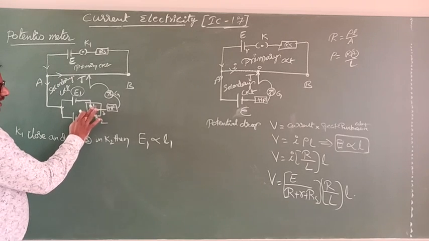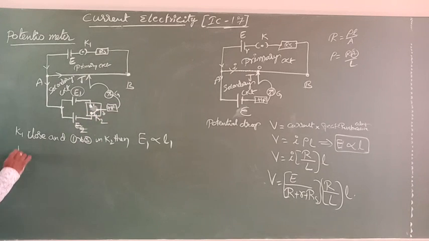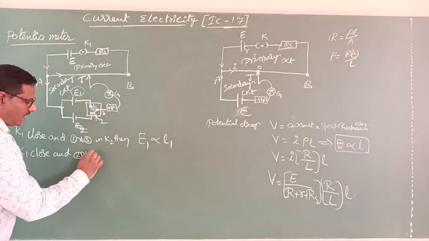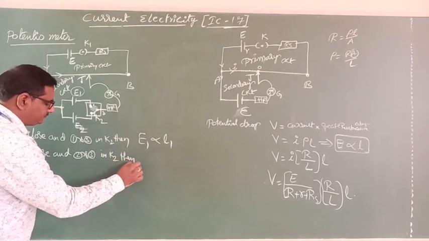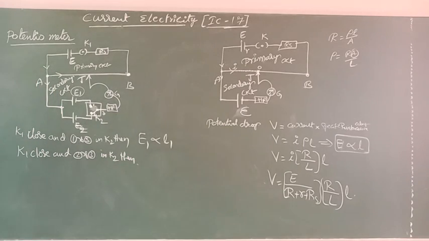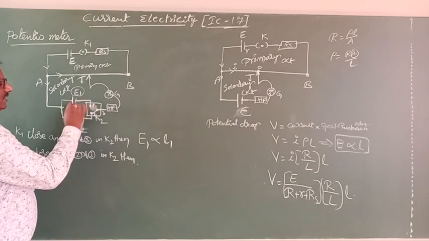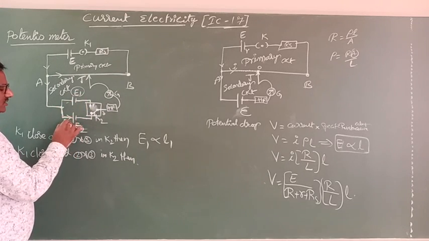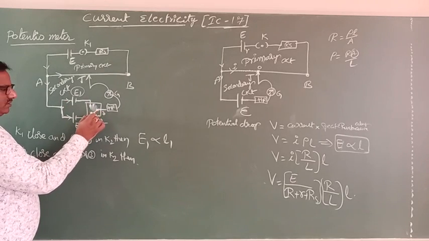Now 1 and 3 we open, and 2 and 3 we connect. K1 is closed, and terminals 2 and 3 are closed in K2. Now 1 is open, so current does not pass through E1; current passes through E2.